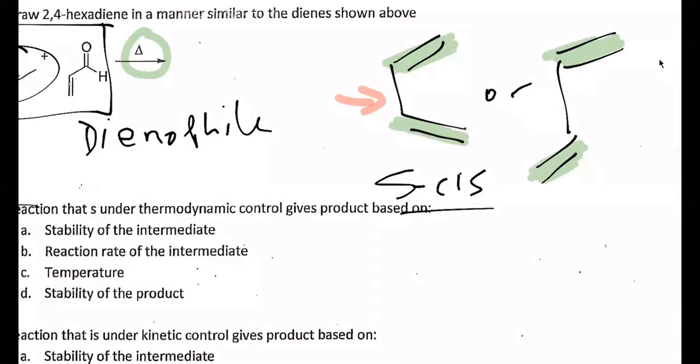So that's what that little delta sign is for over the arrow. It means that you have to increase the temperature way past something like 100 degrees for some of these reactions in order to have enough energy for your diene to adopt the S-cis conformation, because normally it would much rather be S-trans, which is this conformation over here.